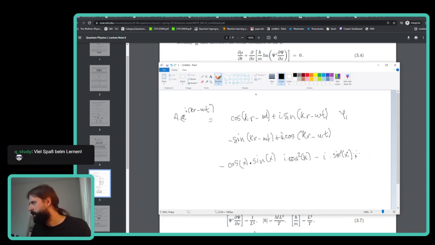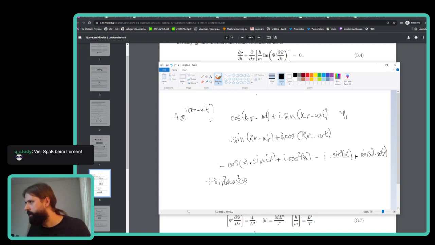plus, okay, I times I is -1, so minus sine of x times cosine of x. And so actually this is then this whole thing squared, right? So this is basically sine of x times cosine of x squared, and I think this is just squared, right?